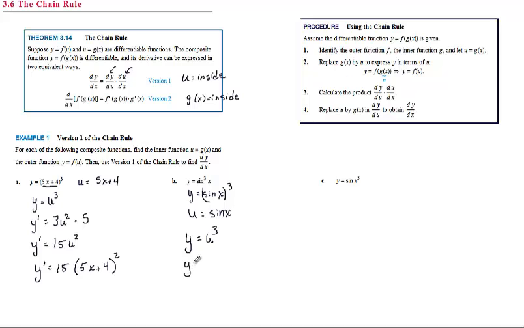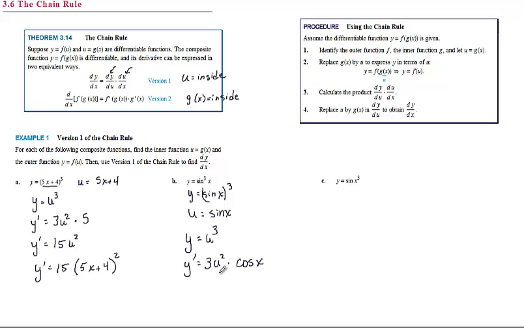So I'm going to play this same game. Y prime is, take the derivative of y with respect to u. That's 3u squared times the derivative of u with respect to x, which is cosine x.